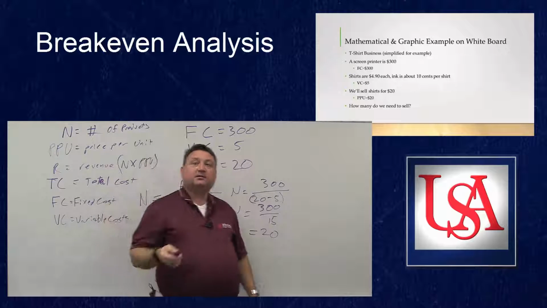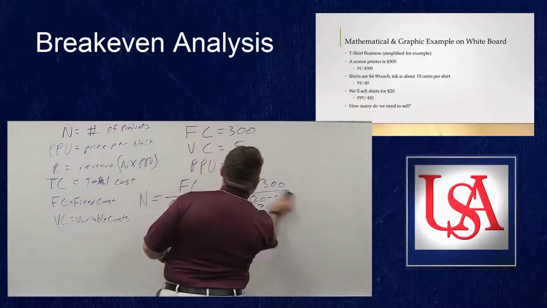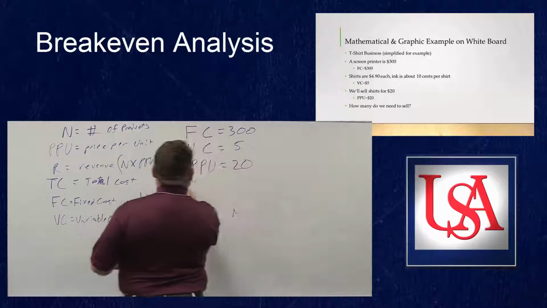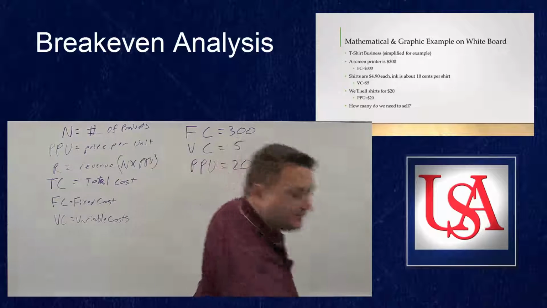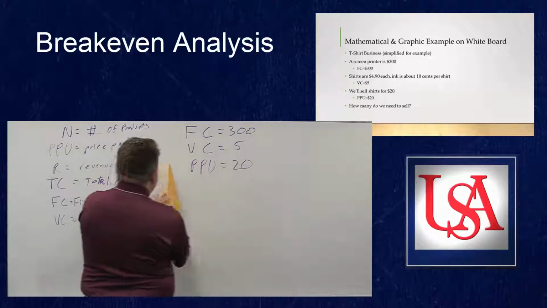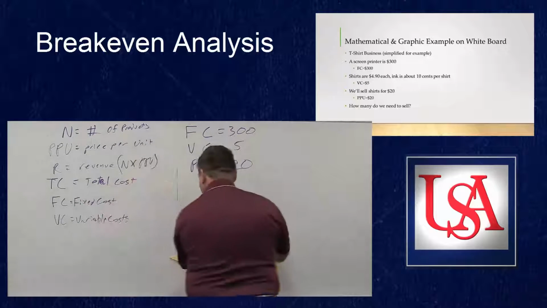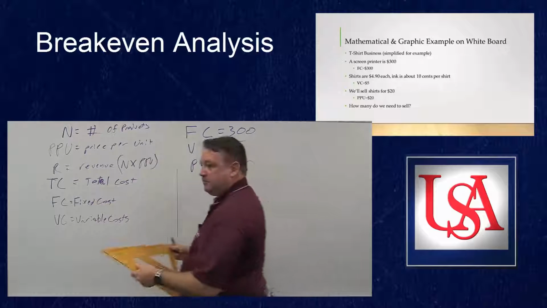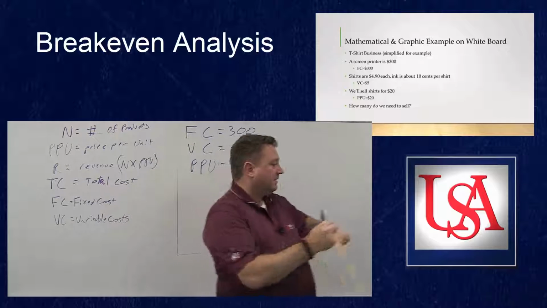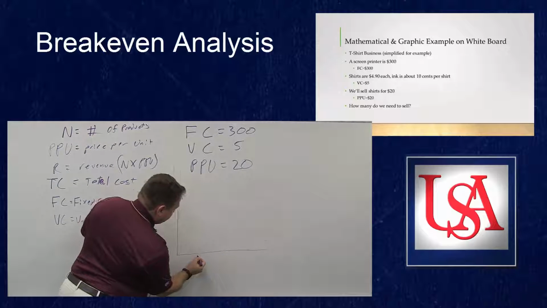Now, let's look at what that looks like in graphic form. So to graph a break-even, we'll make us a graph first. Make us an X and Y graph, and on the axes, in the bottom, we're going to put units sold.